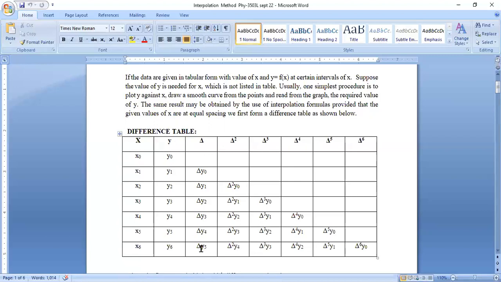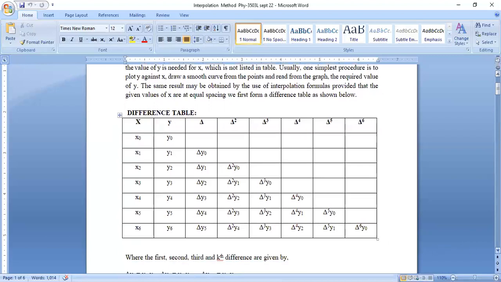This difference is del y5, del square y4, del cube y, and so on. These differences will appear in the formula. We will see that when we solve the problem.